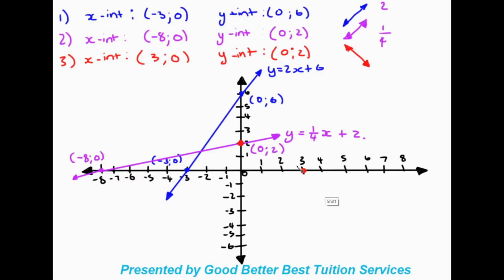So we're going to link up those 2 points. And just like that, we have our final straight line graph. Just identifying these points once again. This is 3 and 0. And this is 0 and 2. Always important when we're plotting, we need to identify the points we're plotting.